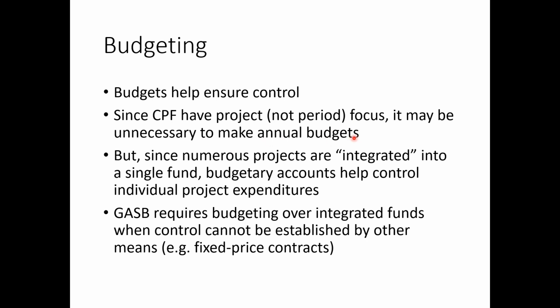So this budget is different from the budget for the general fund. But since numerous projects are integrated into a single fund, budgetary accounts help control individual project expenditures. So GASB requires budgeting over integrated funds when control cannot be established by other means.